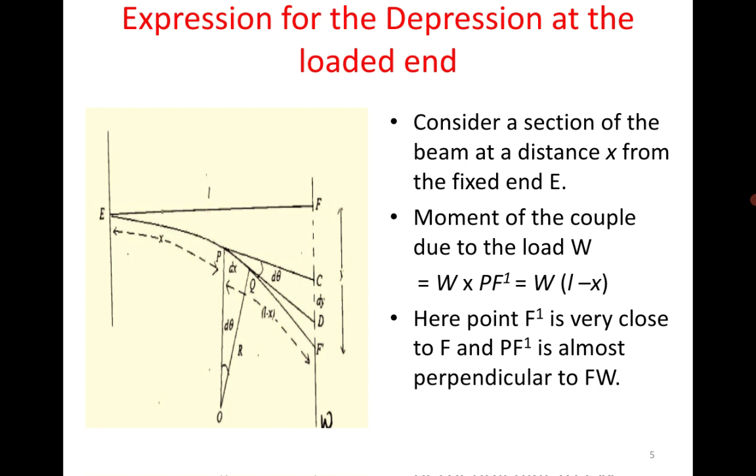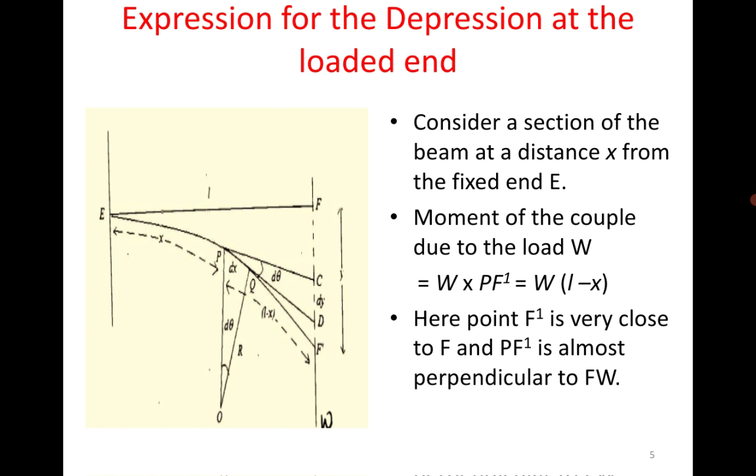Then the length dx subtends an angle d theta at point O, where O is the center of curvature and R is the radius of curvature of the beam at point P. Then F dash is very close to F and hence EF is perpendicular to FF dash.